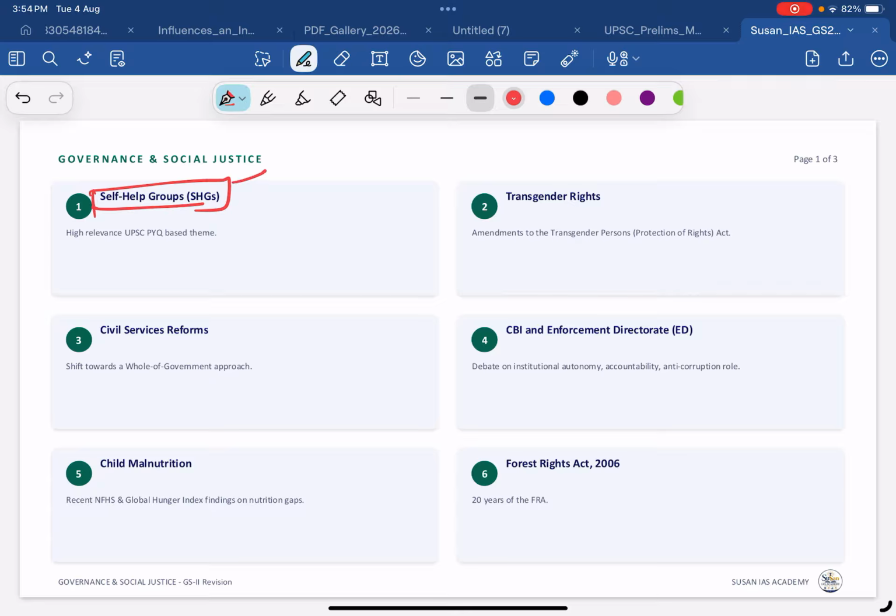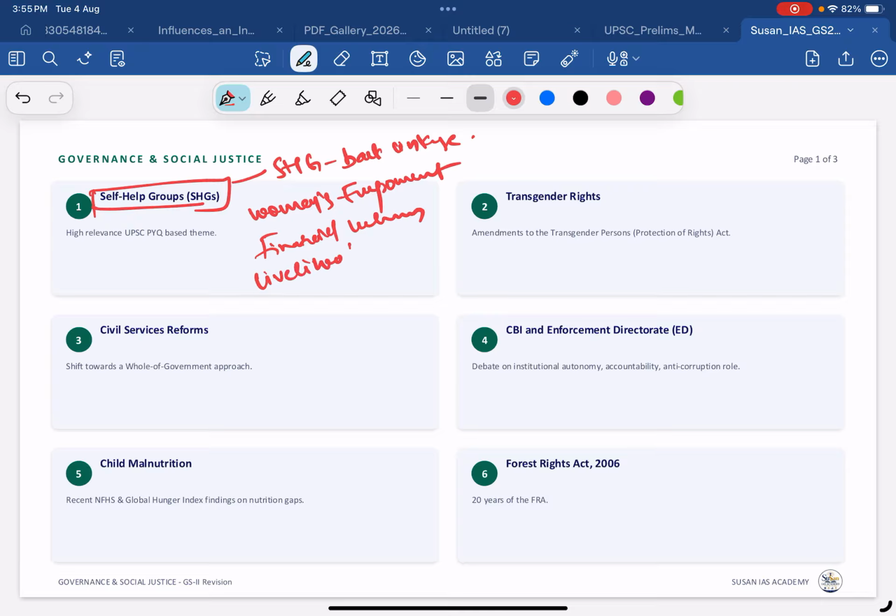Like what is SHG bank linkage, women's empowerment, financial inclusion, livelihood, challenges and reforms, right? SHG bank linkage, women's empowerment, and types of self-help groups, and financial inclusion, livelihood, like that.